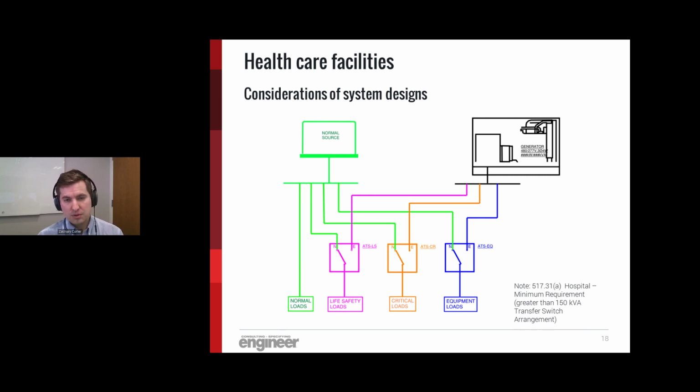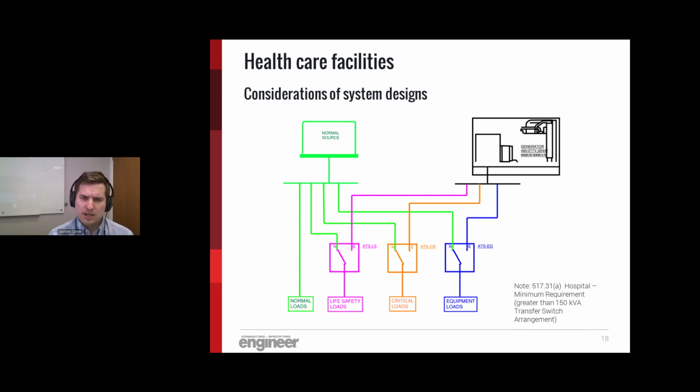And the critical loads, shown here in orange, I like to think of as patient care. These are nurse call systems, receptacles for patient beds, ICU units, operating rooms, and even another load under the critical branch is the telephone rooms and closets.